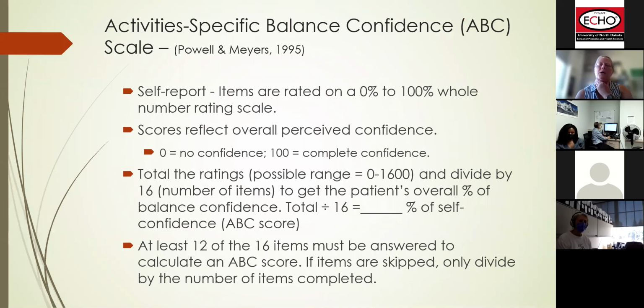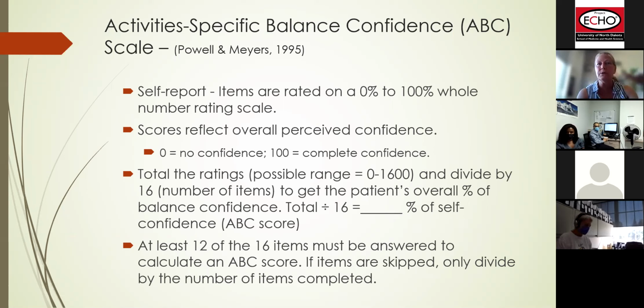Okay. So when we talk about how confident a person is with their ability to go out and do activities of daily living, walking in the community, there is a more specific test that we can do for that.